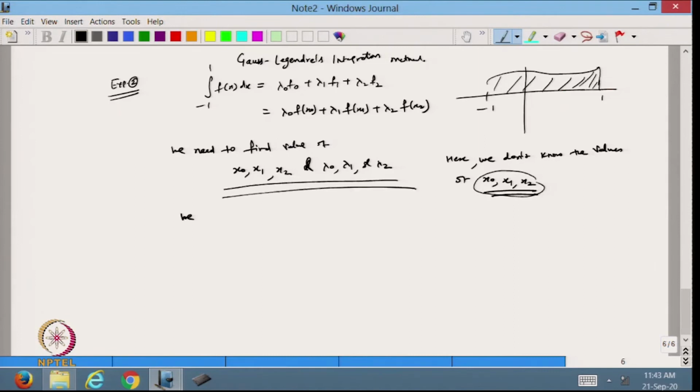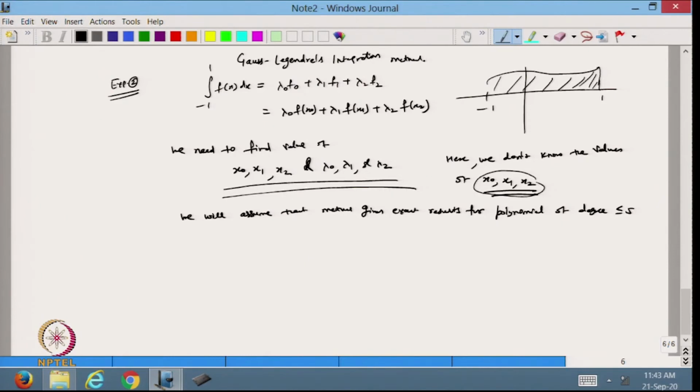So, we will assume that the method gives exact results for polynomials of degree less than or equal to 5.